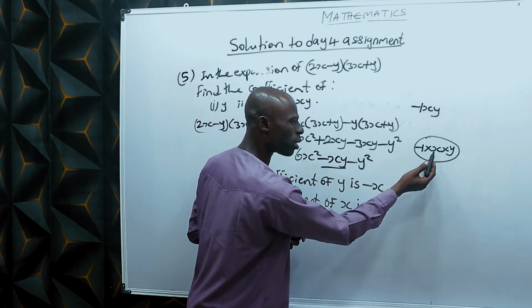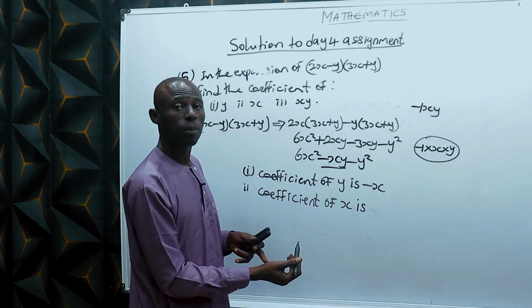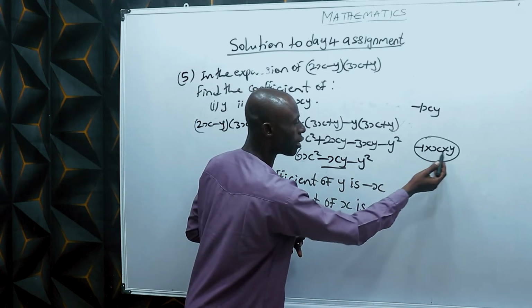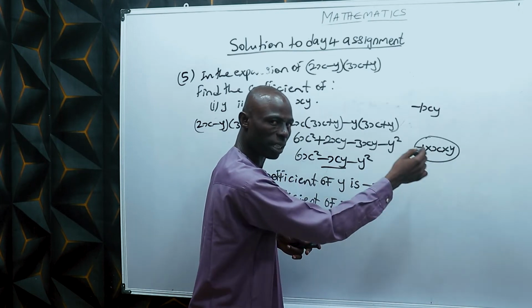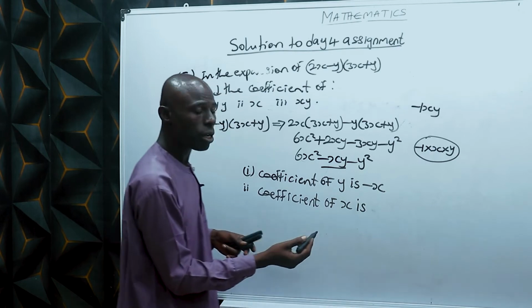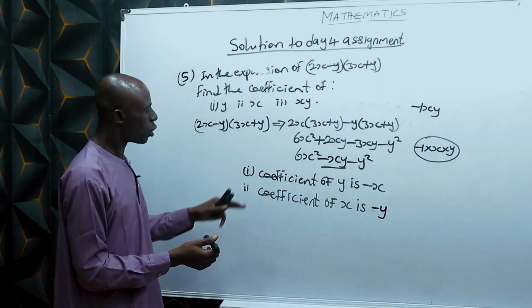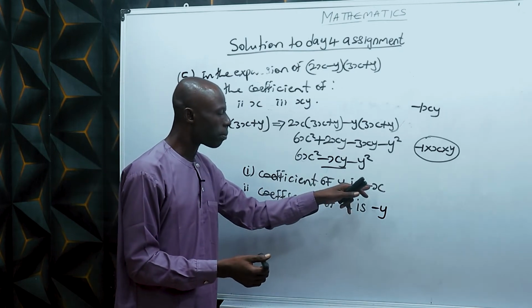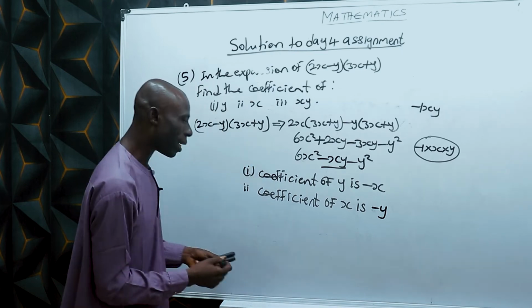Whatever thing is having multiplicative relationship or attachment with x is the coefficient of x. So, minus 1 times y, they are having multiplicative relationship with the x. So that is minus y. The coefficient of y is minus x, while the coefficient of x is minus y.